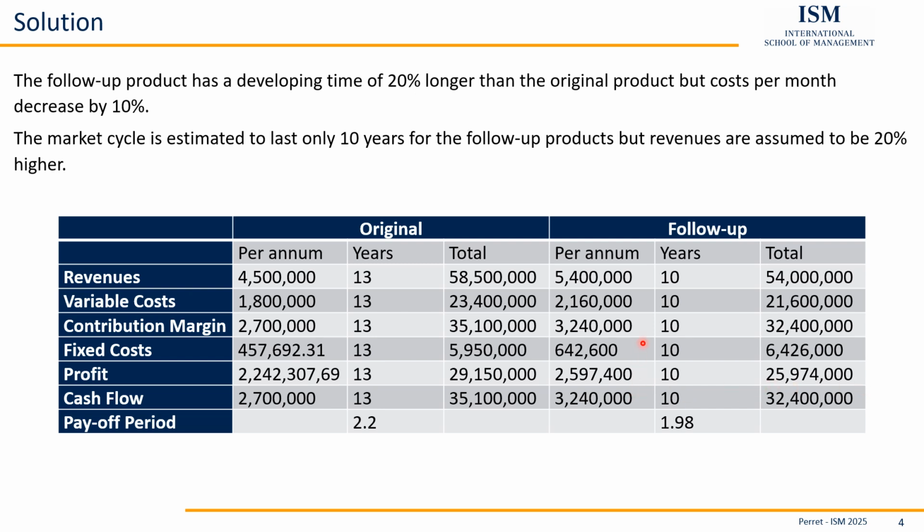Again, I do not have any additional information, so I can assume that contribution margin and cash flows are identical here. So again, I'm going to divide fixed costs by cash flows. And in this case, I get a value slightly below 2.